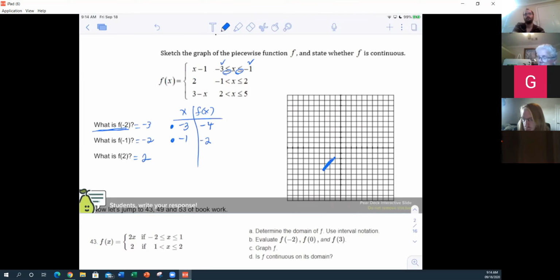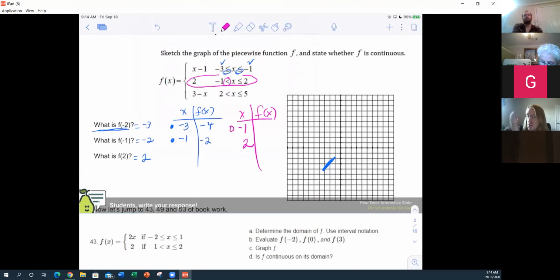Just that little piece. Then I'm going to look at this next piece. So I have x and my f of x, and I'm going from -1 to 2. Notice the inequality symbol next to the -1 doesn't have the equal symbol, so that would be an open dot.